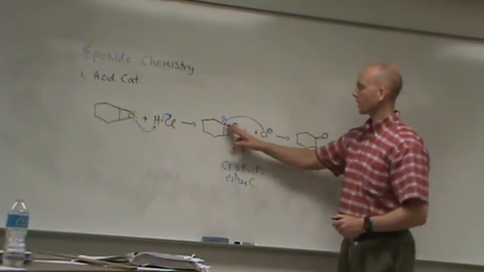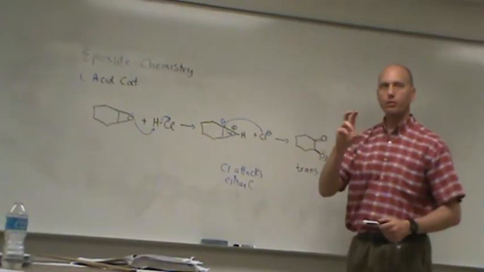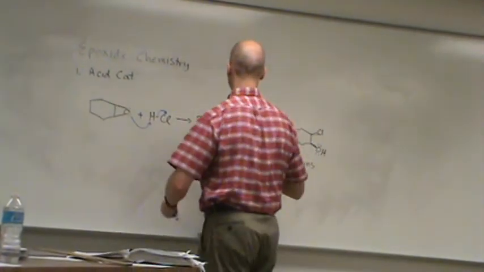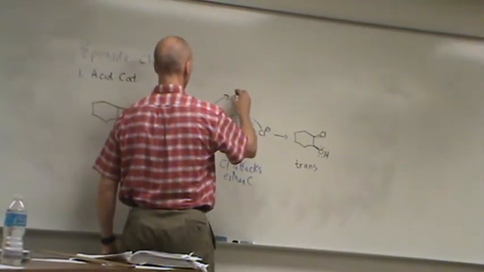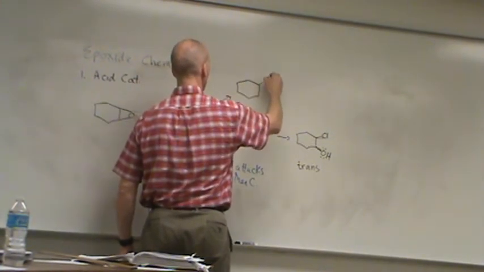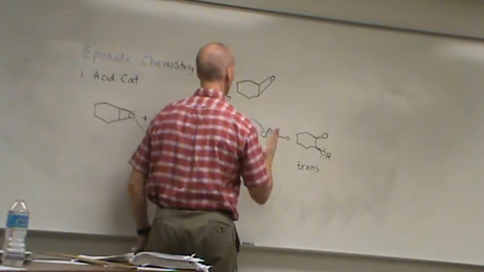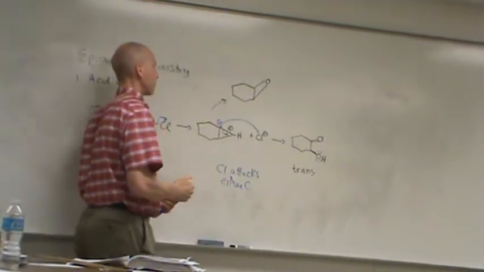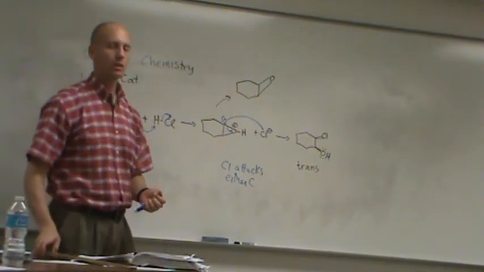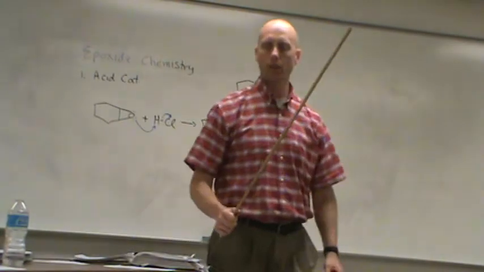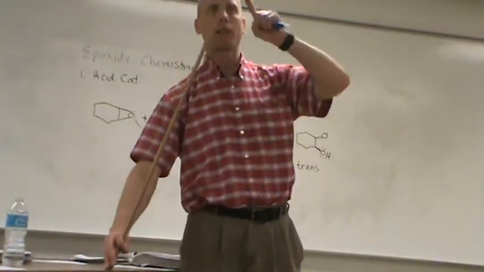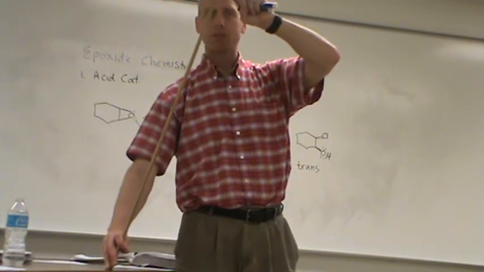Well, it has to do with this attack here, the chlorine coming in. Okay. How is that attack happening? Okay. Well, I really didn't draw this here with a fair view to you, okay? So if I were to redraw this more accurately, that oxygen is actually sticking up. It's not in the same plane, okay? So if that cyclohexane ring was this desk, that oxygen is sticking up like that, okay?